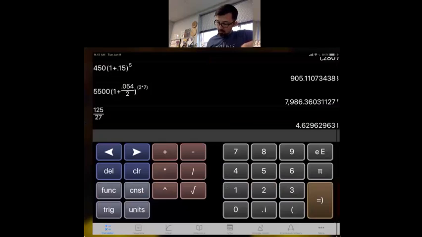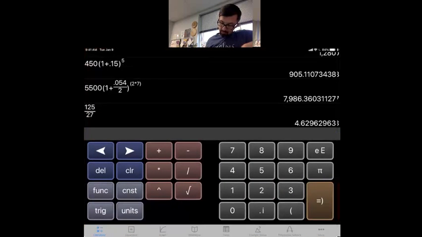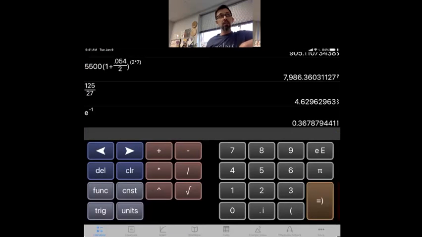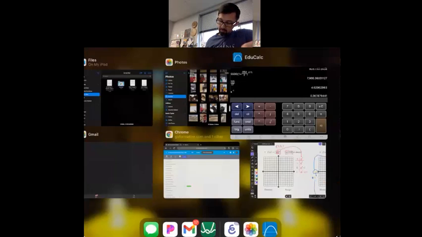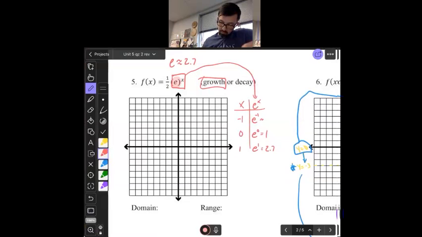I remember, but only because I've done it so many times. So e to the negative 1, yeah, it's about 0.4. So a little bit less than half. So do your best there. 2.7 should be about there. So there's our 3 points.